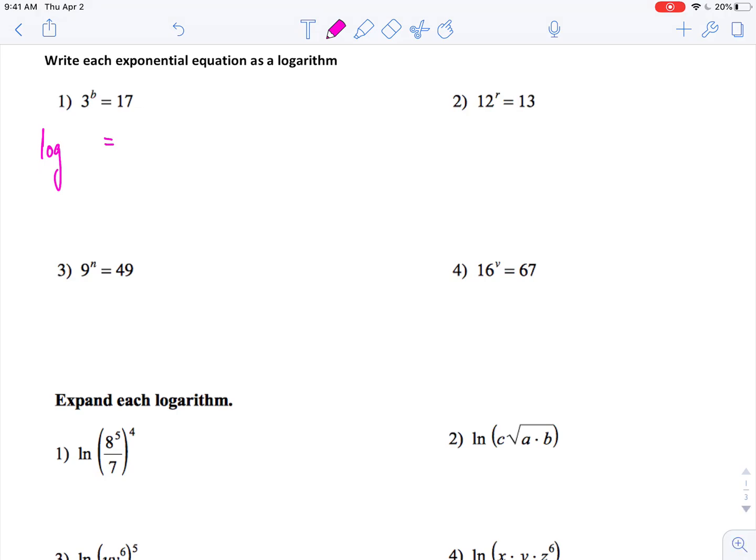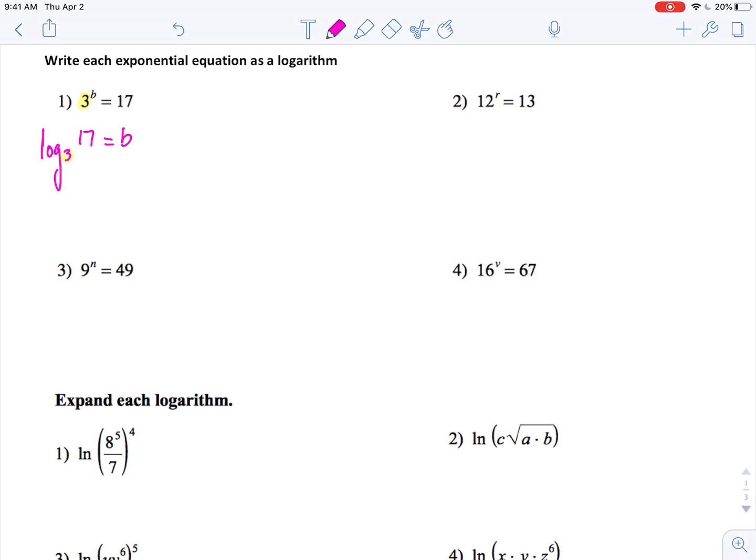So we want to write this as log base something of some other number equals something else. We just got to figure out where do I put the 3, the b, and the 17. So what we're going to look at first is what's the base of my exponent, because that's going to end up being the base of my log.